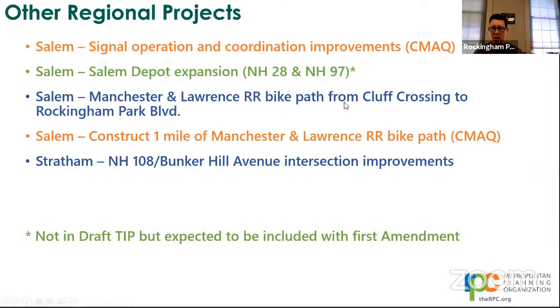So I expect that if it's not included in the final version as we go for approval here at the policy committee meeting next month, it'll be included in the first amendment going forward, because it's still listed for this time frame. They've gone to bid on it, but it hasn't started construction. So, I think it still needs to be listed. There was some sort of a mix up there in the development of the TIP.